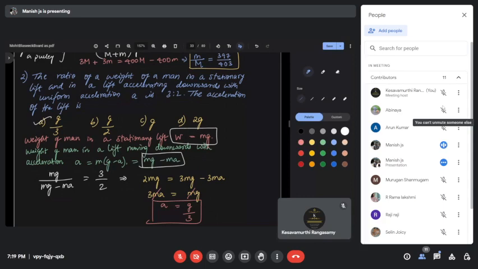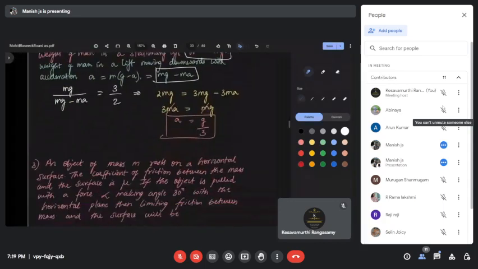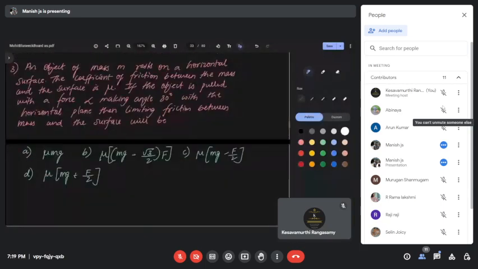Here comes the next question. Yeah, can one of you just read the question for me? Horizontal surface. The coefficient of friction between the mass and the surface is mu.